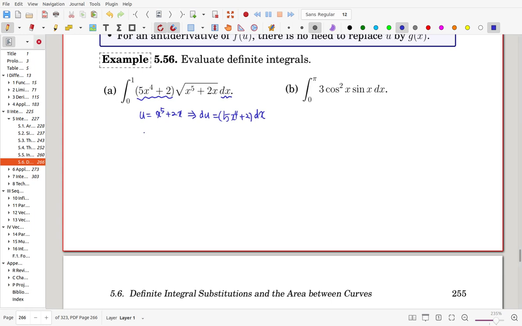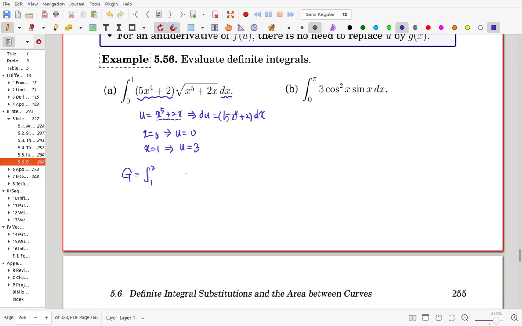So here, x equals 0 means that u is 0. If you put x equals 0 here, then u is 0. Now, x is 1, then u is now 3. So the given integral is the same as, now it is u integration, so it must be from 1 to 3.